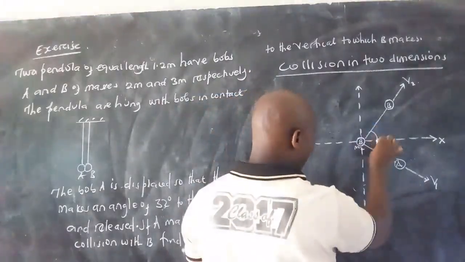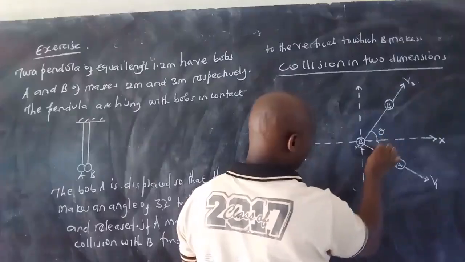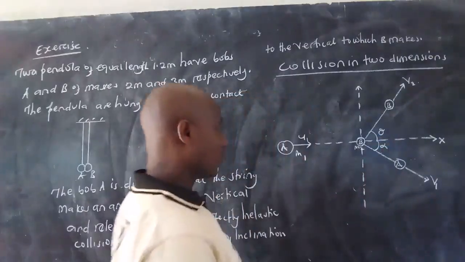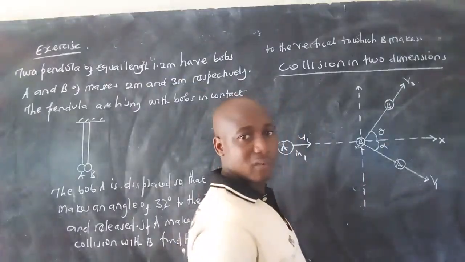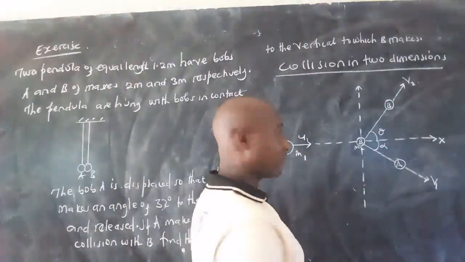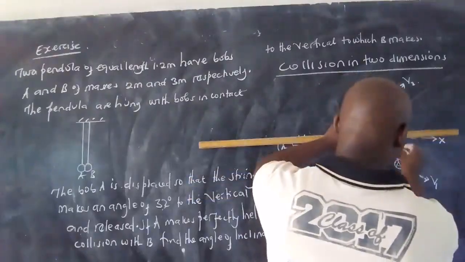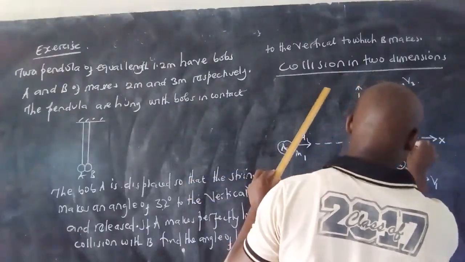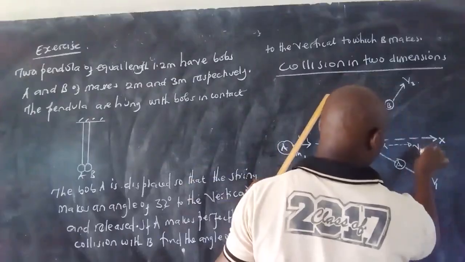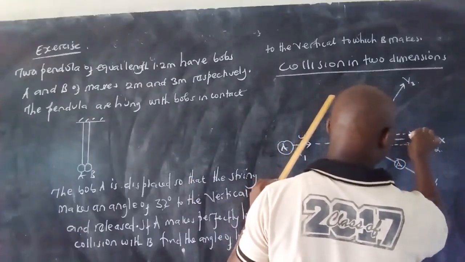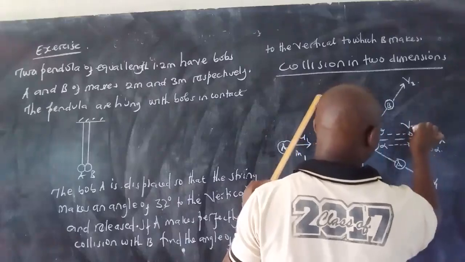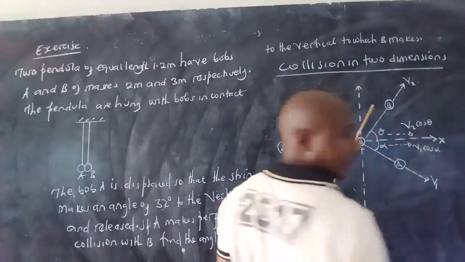Let this one make an angle alpha to the horizontal, and this one make an angle theta. Since velocity is a vector quantity, it has both a horizontal and a vertical component. The horizontal component will be V1 cos alpha, and for this one, V2 cos theta.